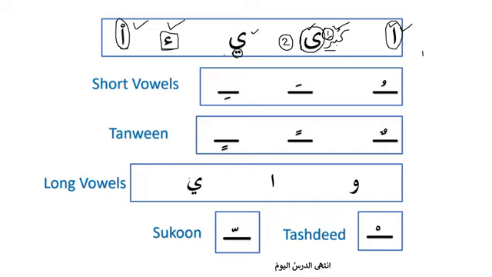Sir, I have a question. Sure. I wanted to ask that if, for example, we are not pronouncing the tanween at the end, for example, there is a sentence that has a kitab. So if we are saying kitab instead of kitabun, does that change the meaning? Well, it depends. When you talk about modern standard Arabic or everyday Arabic, like we are doing now, it doesn't make any difference.